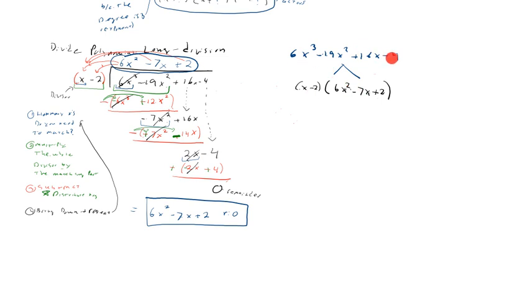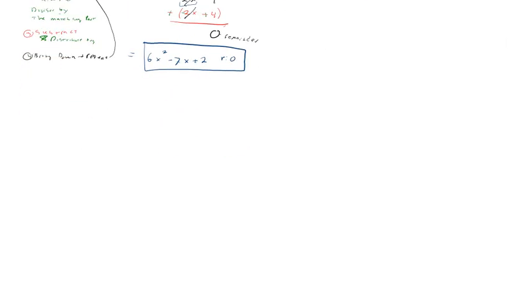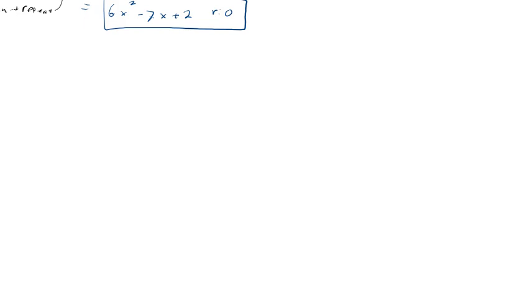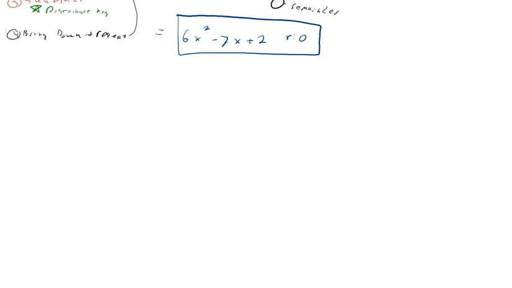Okay? Should we try one more? Let's try one more. What if I gave you something like the following? Here's another example. What if we did something like divide x squared plus 3x plus 5 divided by x plus 1.